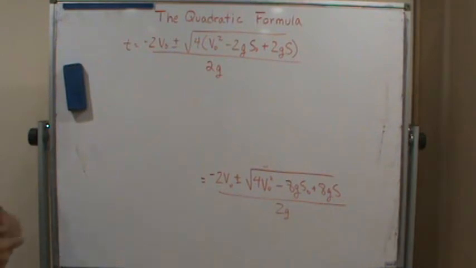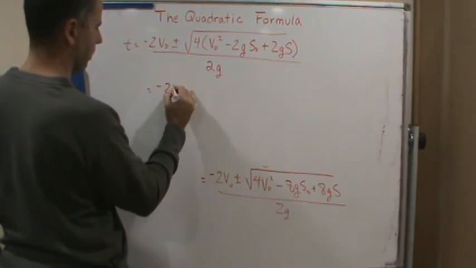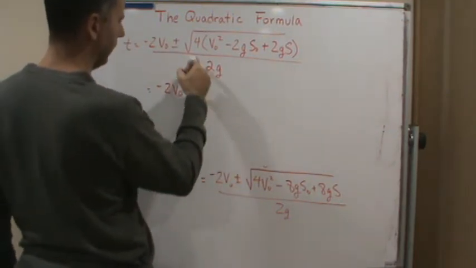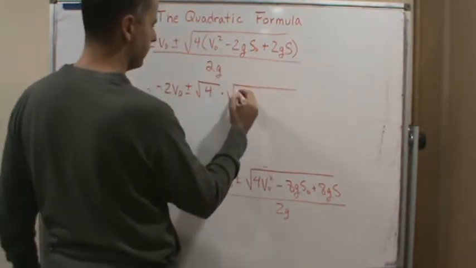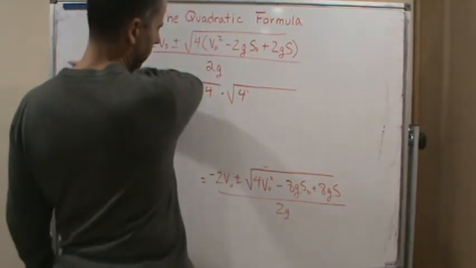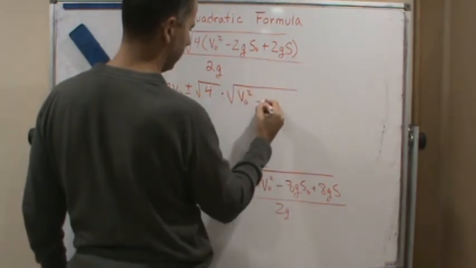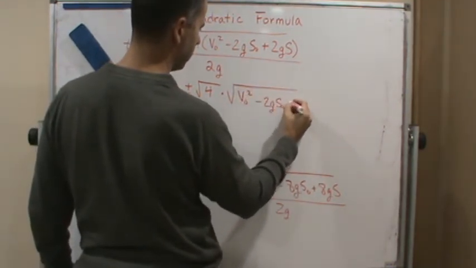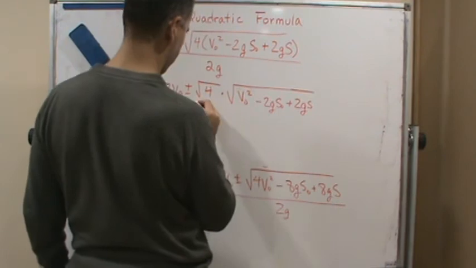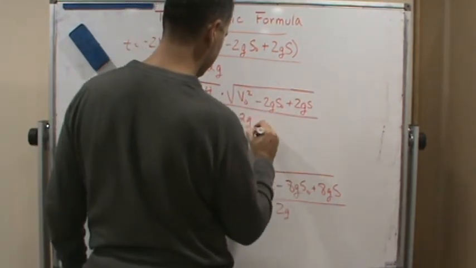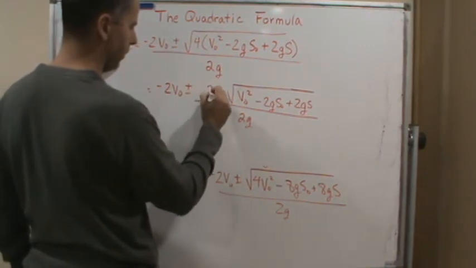And then now we can break this up into two radicals, right? So this is the square root of 4 times the square root of this thing, which is v naught squared minus 2g s naught plus 2g s, over 2g. Well, the square root of 4 is just going to be 2, right?